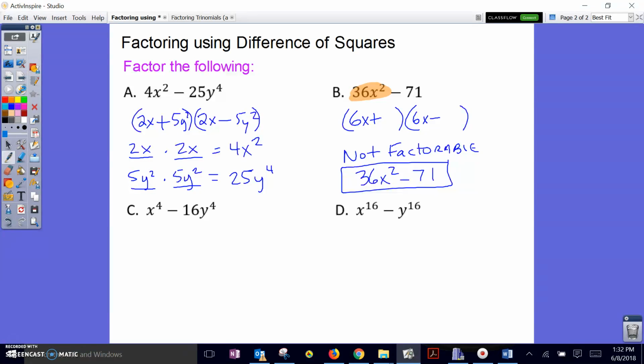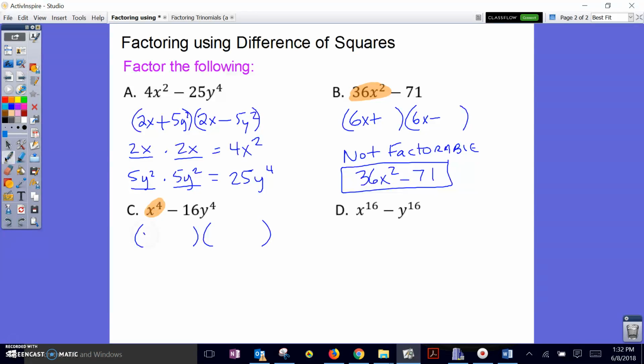Okay. These last two problems are a little bit different from all the rest insofar as we're going to factor them using the difference of squares, and then something very interesting is going to happen in these problems. So we'll set up our difference of squares factorization. We ask ourselves what times itself gives us x to the fourth.